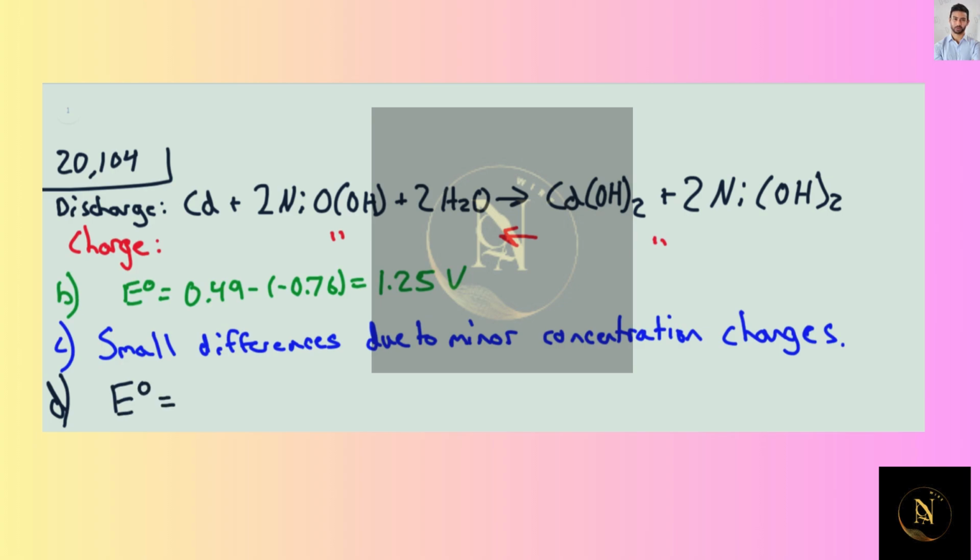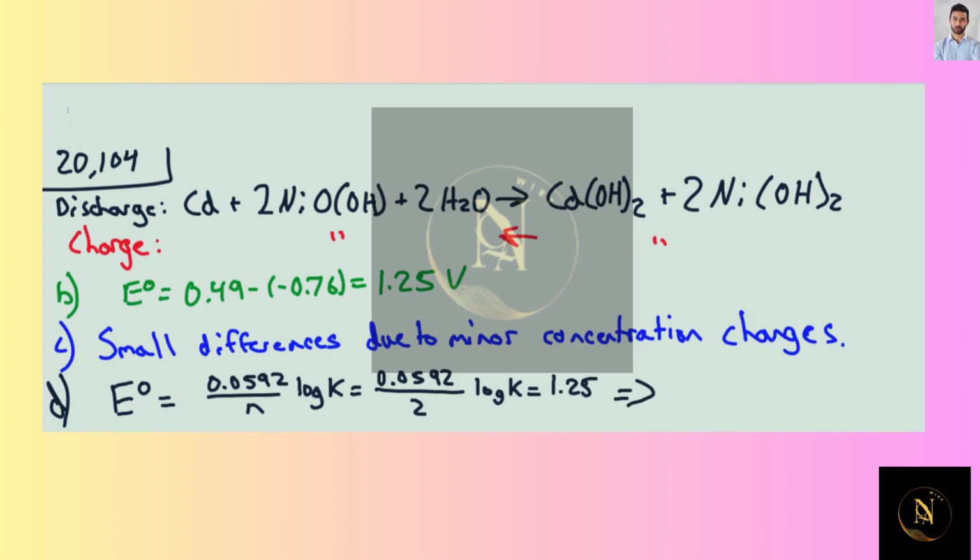So we know that the relationship between E and K is E naught is equal to 0.0592 over n times the log of K. So since we're transferring 2 electrons, at 0.0592 divided by 2, log K is equal to 1.25.